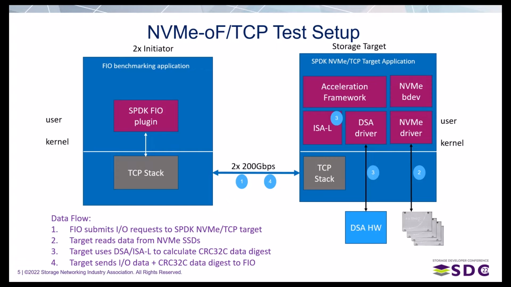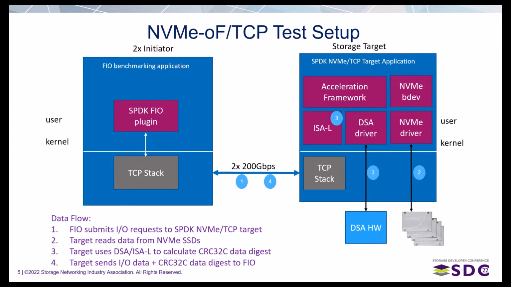If we look at the IO path, the path that an IO request follows in this setup, it starts on the initiator side with FIO sending IO requests to read data from an NVMe subsystem that resides on the target system.